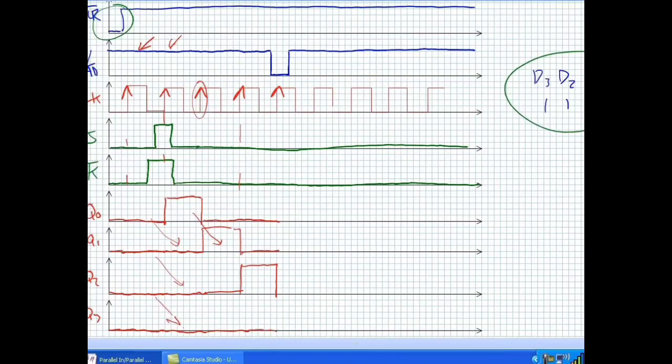Okay, but this next clock pulse comes along. Ordinarily, we would be shifting, but check this out. We got an active low load. What is being loaded onto our Q outputs? These D inputs. So we got our 1, our 1, our 0, our 1.